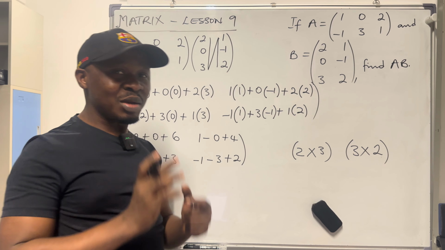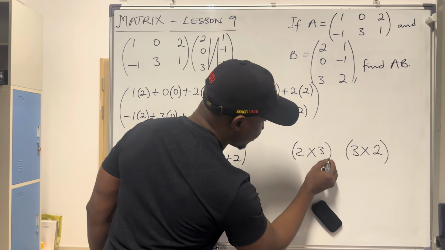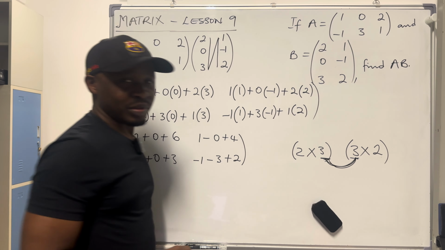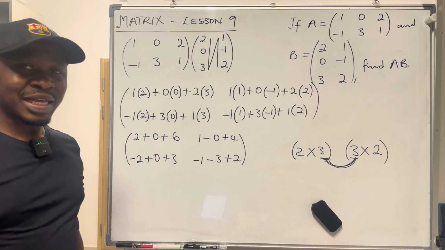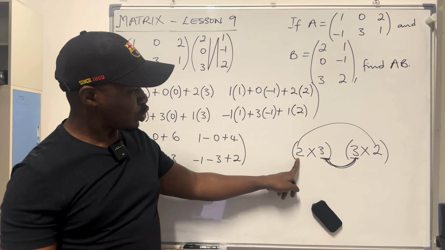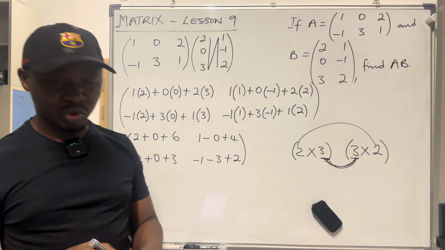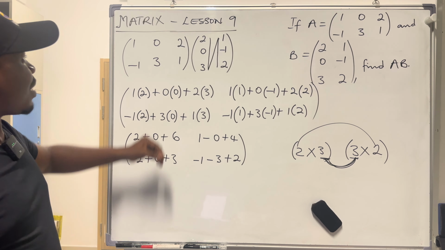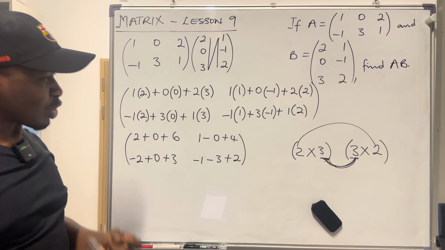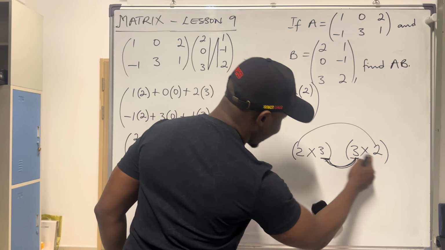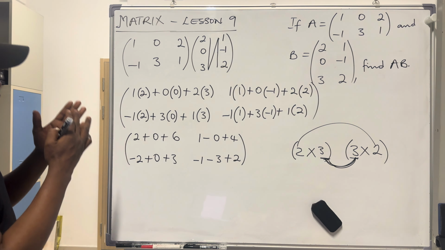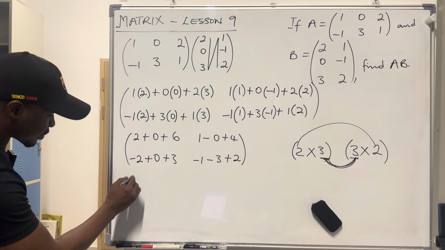One, you can only multiply them if this and this are the same. Yes, and your answer is supposed to be this by this. What is this? 2. What is this 2? Your answer is supposed to be 2 by 2. So forget about saying 3 by 3 rows, 3 columns. Your answer is supposed to be this by this. And what is this by this? Is 2 by 2. The final answer is supposed to be 2 by 2. And that's what we are coming to get.